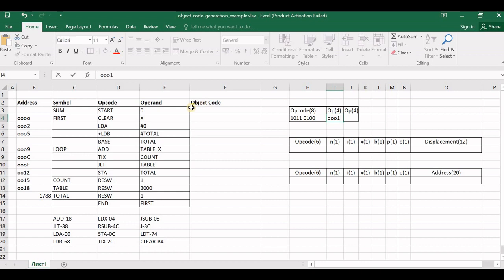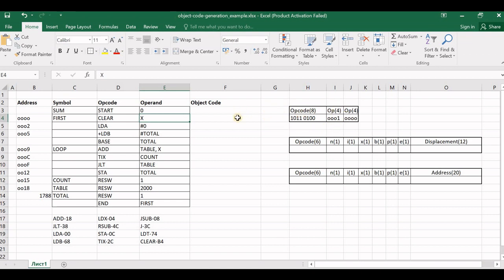Do you have a second register here? We don't have a second register, and hence the second operand value is going to be zeros. Now you're done with the object code generation for the first instruction, clear X. Now group 4 bits together and generate a hexadecimal value out of these 16 bits.